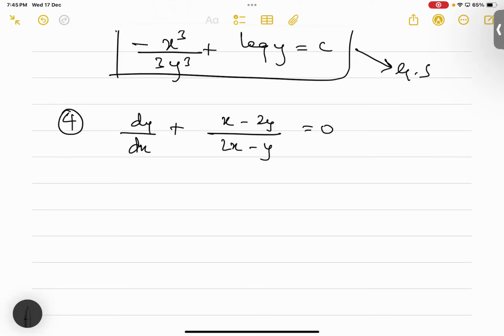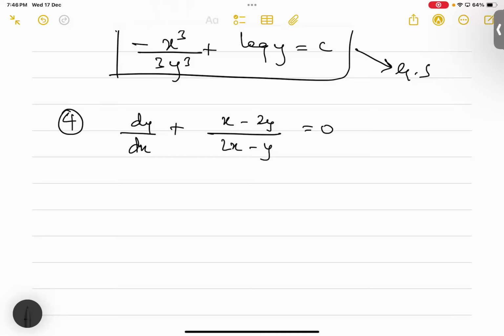Now between x and y terms there is minus sign, and method of substitution is also not workable over here, because it is x minus 2y and down it is 2y minus x. It's way opposite. So we cannot randomly take something as t. To take something as t, it should be easily visible over there. If we take x minus 2y as t, then what will be 2x minus y?